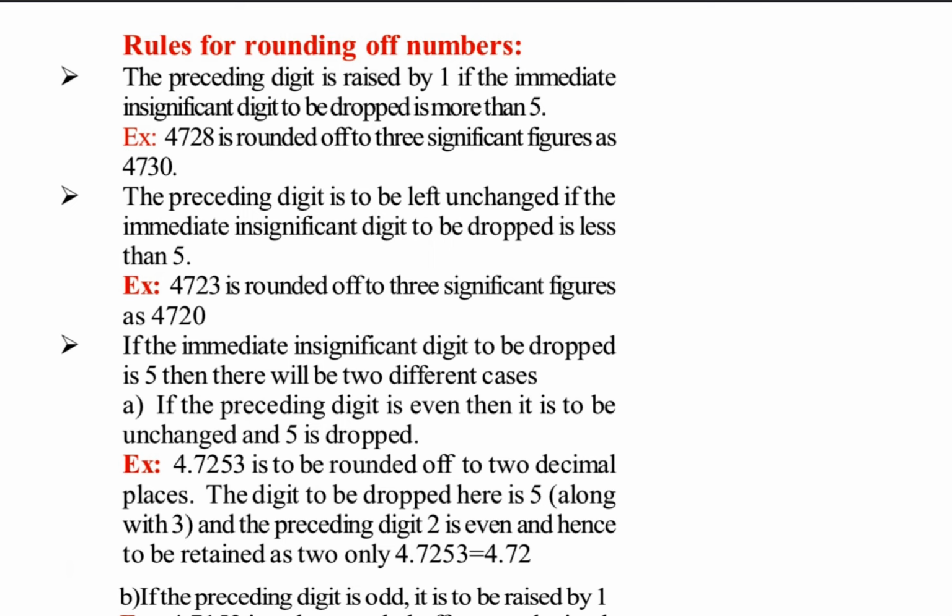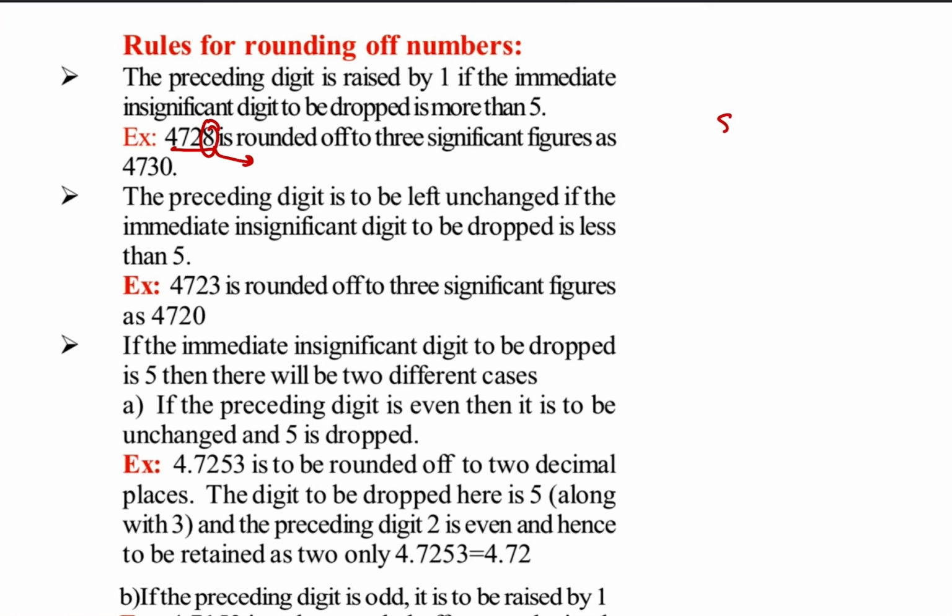Remember these points. Okay, now we will see other points. Rounding of numbers. Okay, rules for rounding of numbers, rounding conditions also you can take. This is basic things only, just to show, I have written here. Suppose I say 4728 is there.